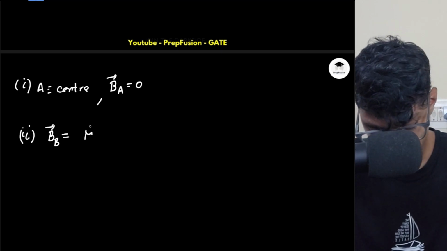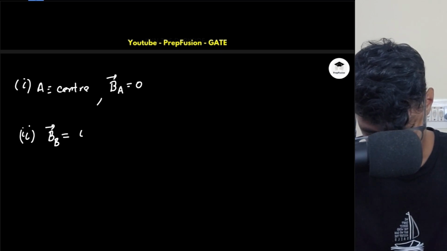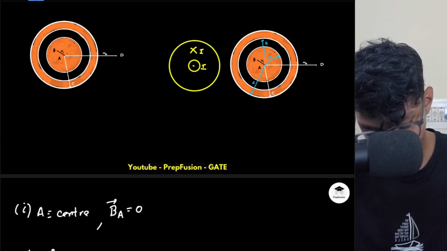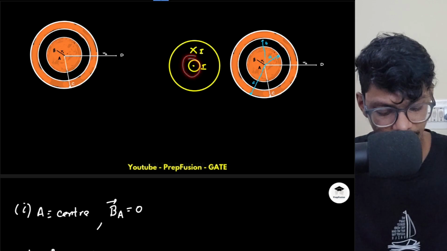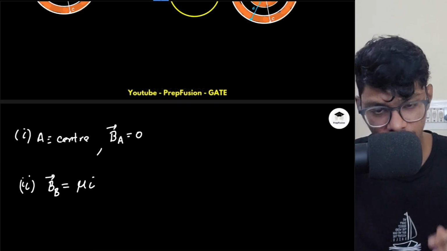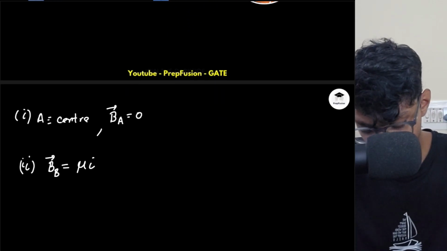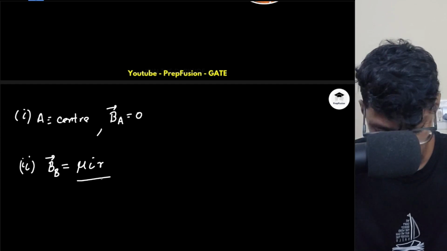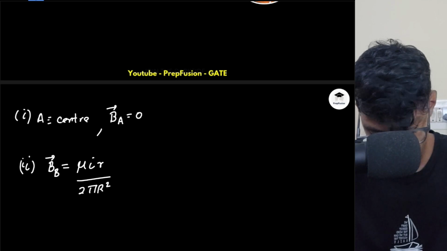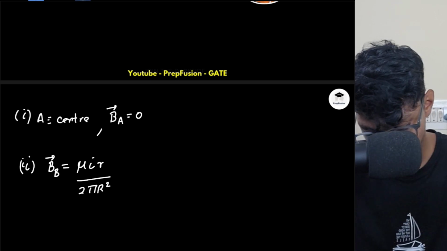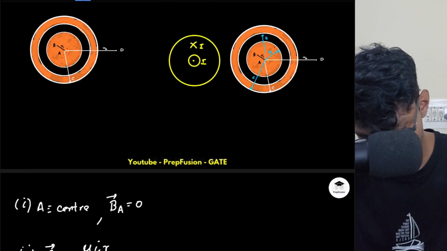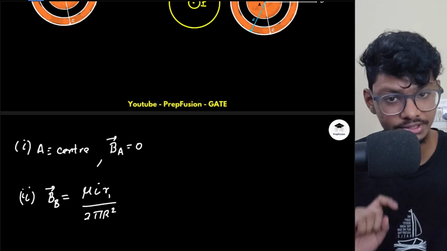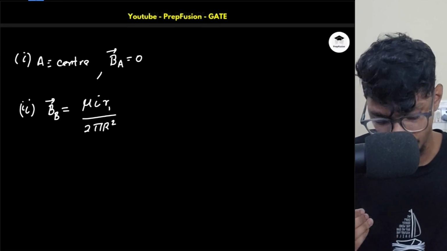It is mu naught into I. I am assuming coming towards me is positive, so I will take the Amperian loop as anti-clockwise. So mu naught I R divided by 2 pi a squared. This will be the magnetic field, and here R is R1, because they have given me the distance from the center. This will be the magnetic field at point B.